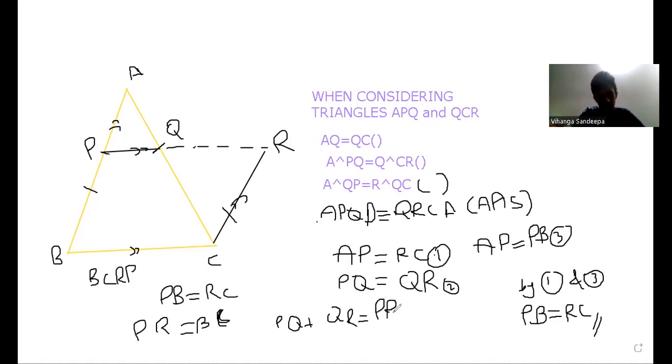So PQ, PR, then PR equals BC. Then we can say that PQ is half of BC.